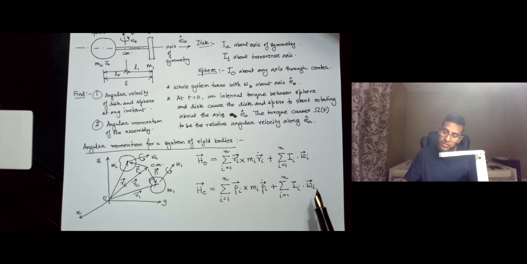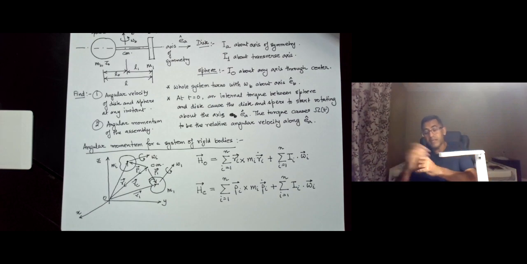Now, a couple of things to keep in mind. Although we have written this in the form of a dot product, and dot product is by definition a scalar, this is not. So keep in mind that this is basically taking the moment of inertia matrix and multiplying it with the omega vector.